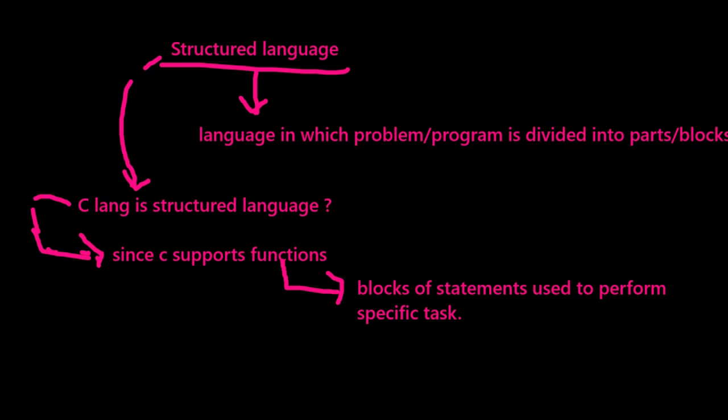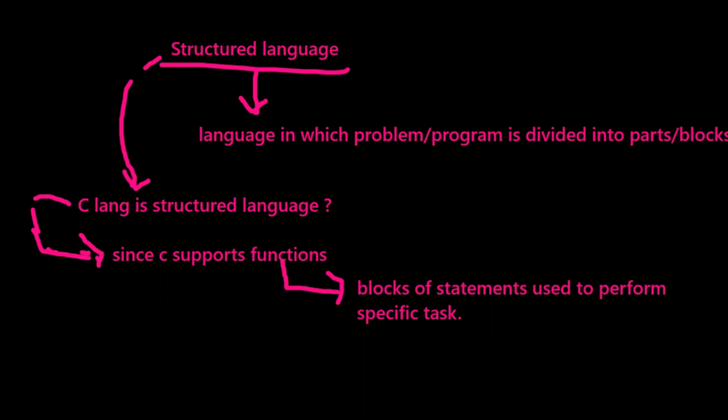What are functions? Functions are nothing but a block of statements used to perform a specific task. For example, we need to perform some kind of calculation in one program 1000 times, 2000 times, let's suppose. Then instead of writing that code again and again throughout the program, we simply create a function named calculations.